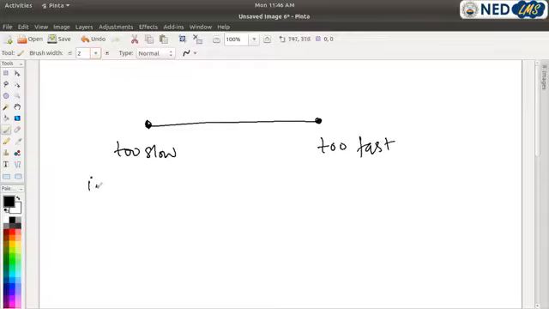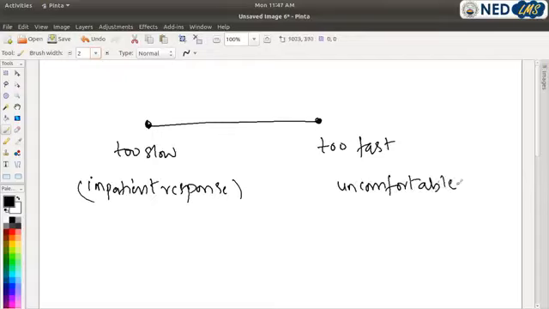This represents, I can say, impatient response, and I can also write it as uncomfortable response. So this midpoint may come through years of experience the company has spent in deploying the project.